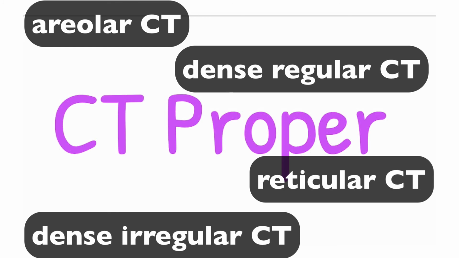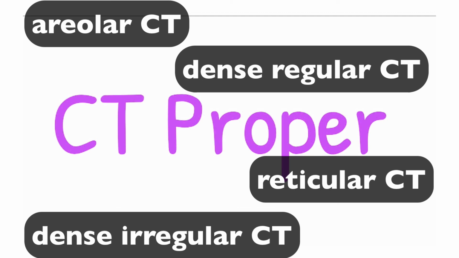And one thing to note with dense regular connective tissue, there's a poor blood supply to it. And that's the very reason when dense regular connective tissue gets damaged, regeneration of that tissue is very challenging.